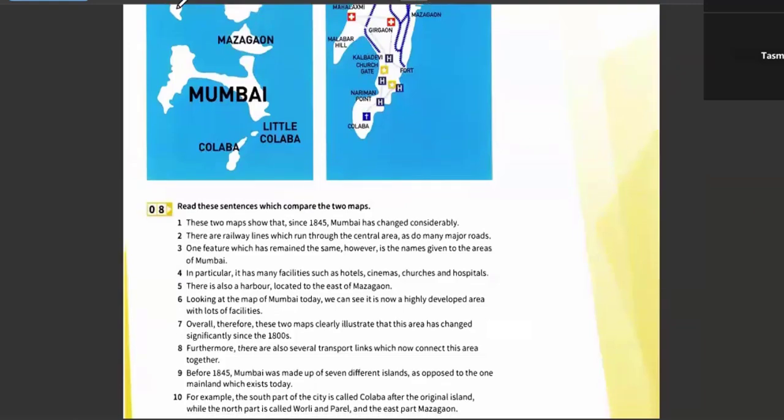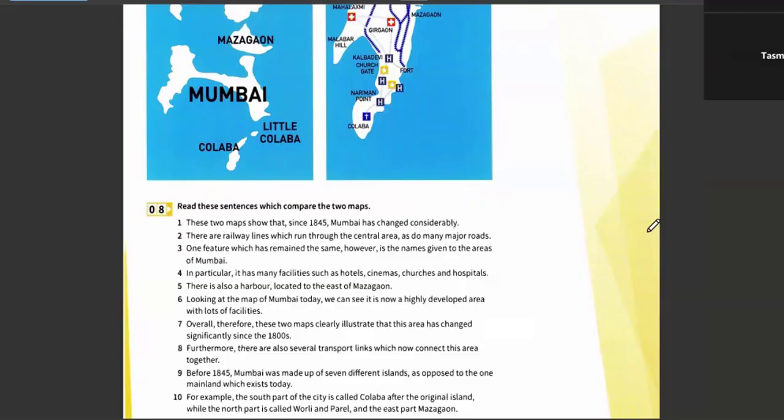Yes. Number one, these two maps show that since 1845, Mumbai has changed considerably. Good. Considerably. Two, there are railway lines which run through the central area, as do many major roads.